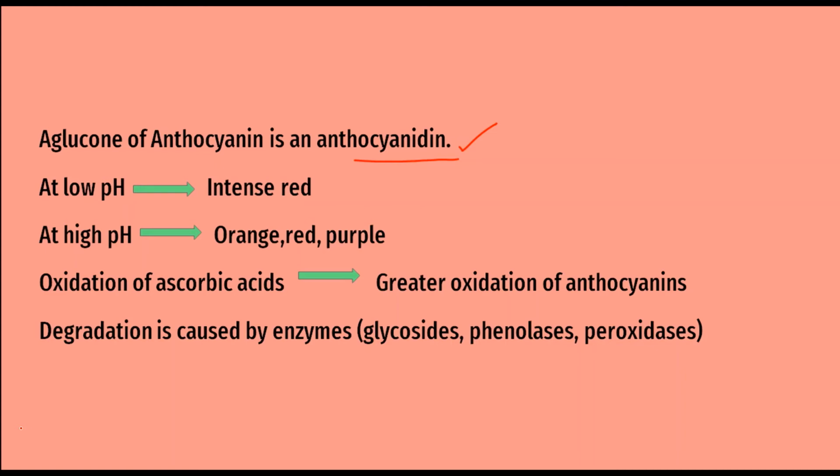Enzymes present in plants cause degradation: glycosidases, phenolases and peroxidases. Glycosidases yield unstable aglycones, phenolases cause colorless breakdown, and peroxidases cause decoloration by oxidation. I hope you understood till here.